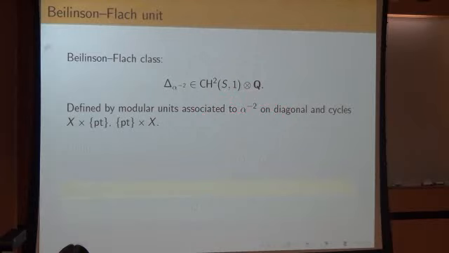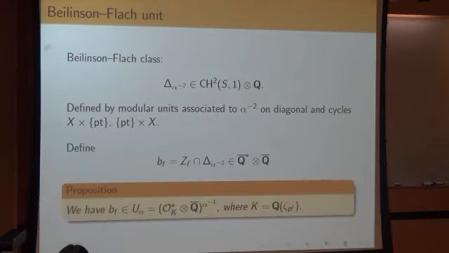Okay, this sort of modular unit you can associate to any Dirichlet character. And that's the one that you take to be your function, and you organize them in such a way that the zeros and poles cancel out and you get an element of Chow 2 of S comma 1. So I won't define it precisely, but that's the Beilinson-Flach class.